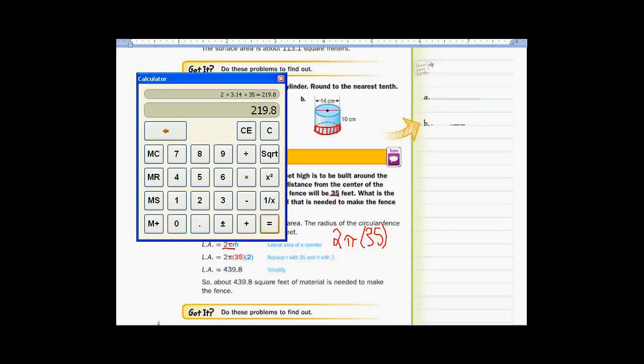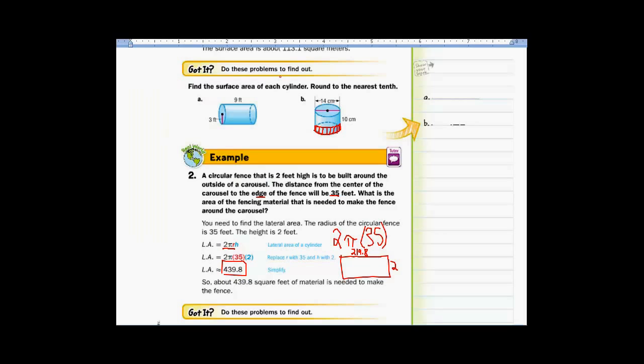So if I unroll that out, if this is 219.8, and we know that it's 2 feet high, I should be able to find the area of that fencing material by multiplying this by 2. 439.6, they have 439.8, and that's the difference in our pi. All right? So let's have you try one of these before we call it a day.